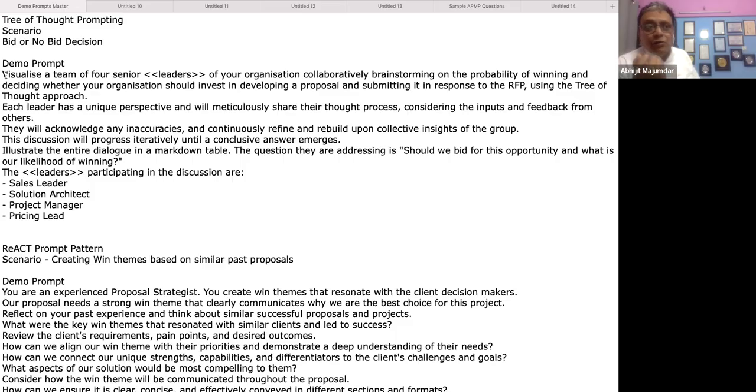Yesterday we saw the simulation of an evaluator, right? That how we can simulate an evaluator and use that evaluator profile to evaluate a proposal and get insights on that. Now actually I am using it to simulate even a boardroom decision, or basically a decision made by the senior leaders in the organization.